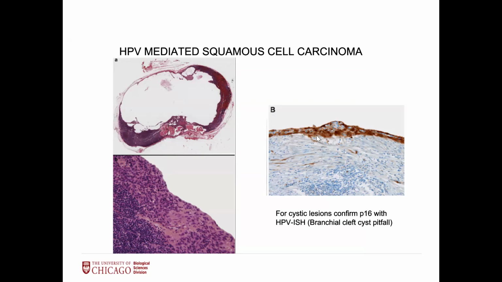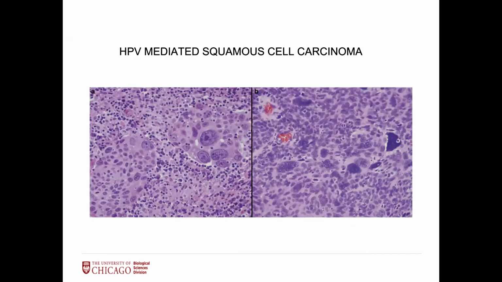But if it's very attenuated, very, very thin, don't just call it a branchial cleft cyst. Do the ISH just in case, right? Because they say, I don't see any primary on laryngoscopy, and they just got this neck mass, and that's the only mass that they have. Just do the ISH.